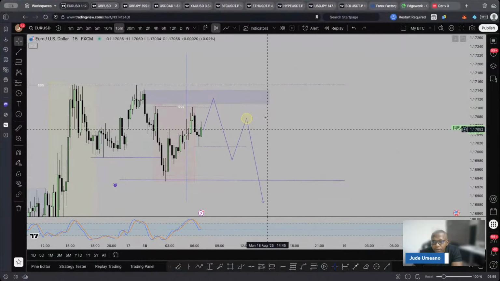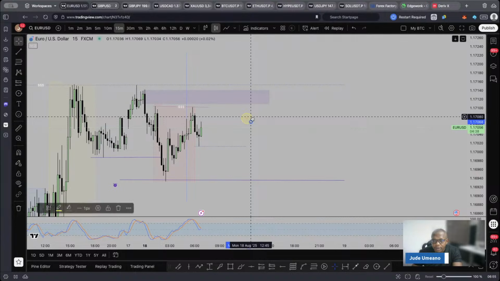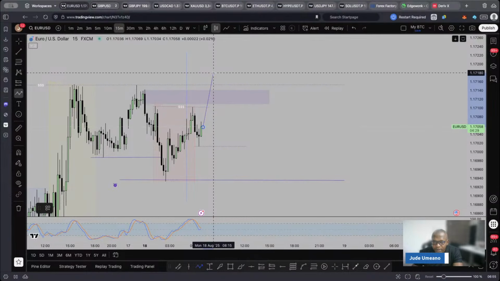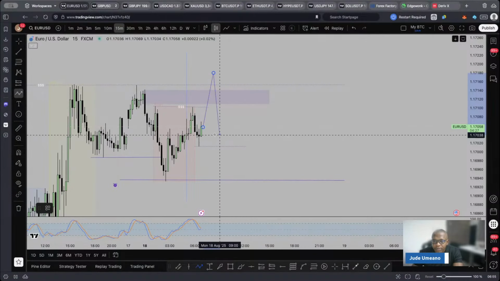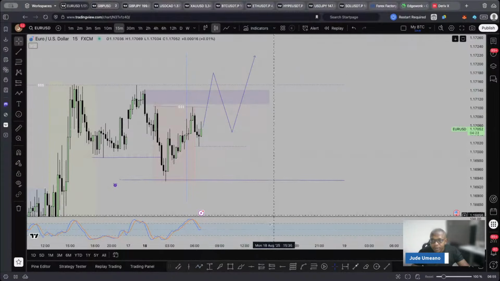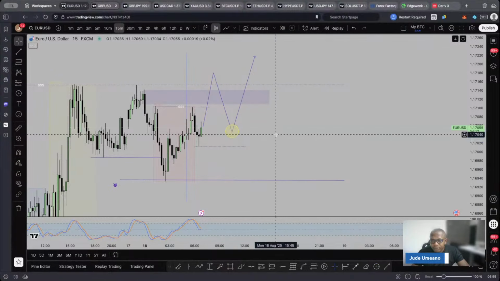But if the other one happens, let's say this happens, we have this one break this way, then I want to look for a demand zone here and take this trade higher to this particular zone. So this will be where I want to take a trade from.